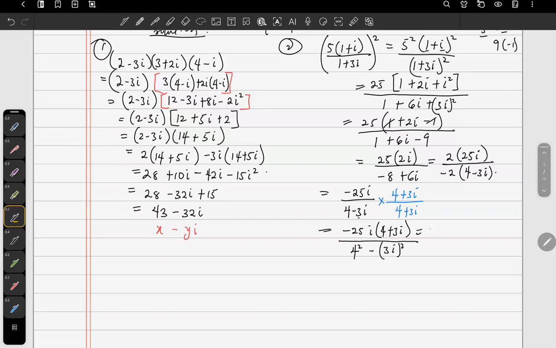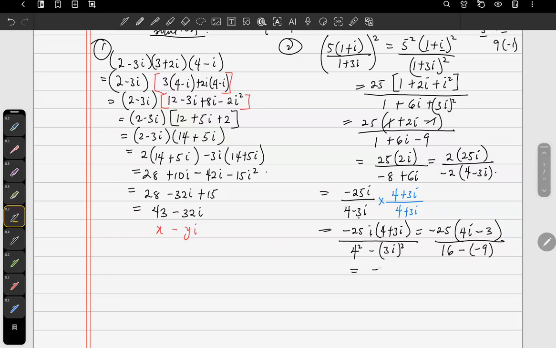So in the numerator, I have negative 25, then 4 times i is 4i, then i times 3i is negative 3, because i times i is negative 1. The denominator is 16 minus, and we've done 3i squared before, which is negative 9.